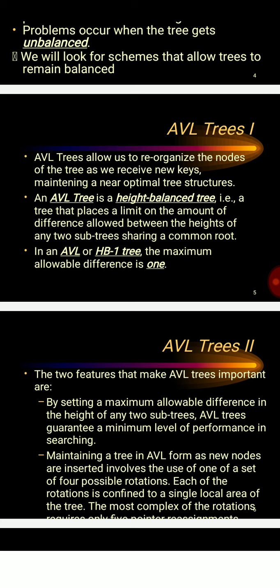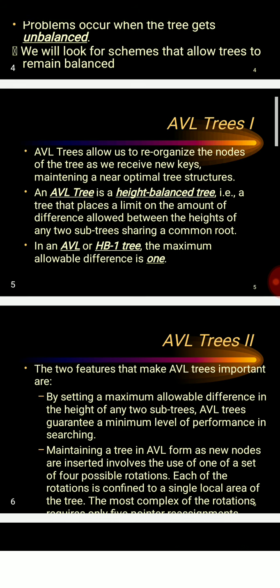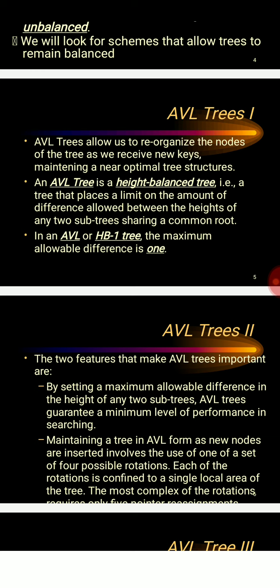What the height balanced tree states is that the difference between the heights of the two subtrees is at most 1. How will it be 1? Suppose you have a root node with two child nodes; then we can say that it is a balanced tree.